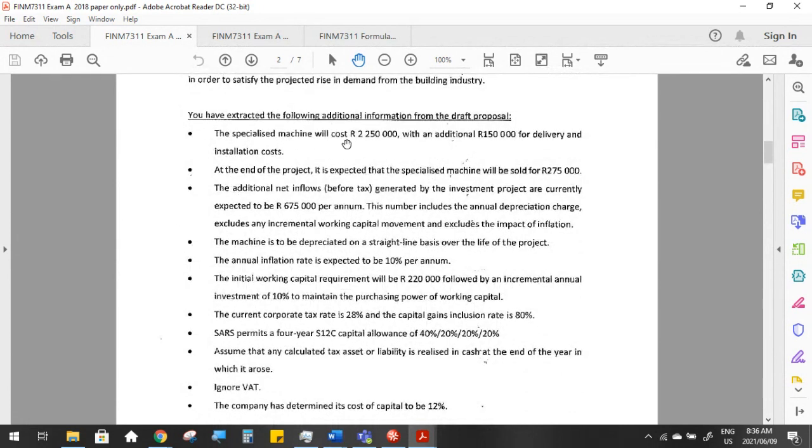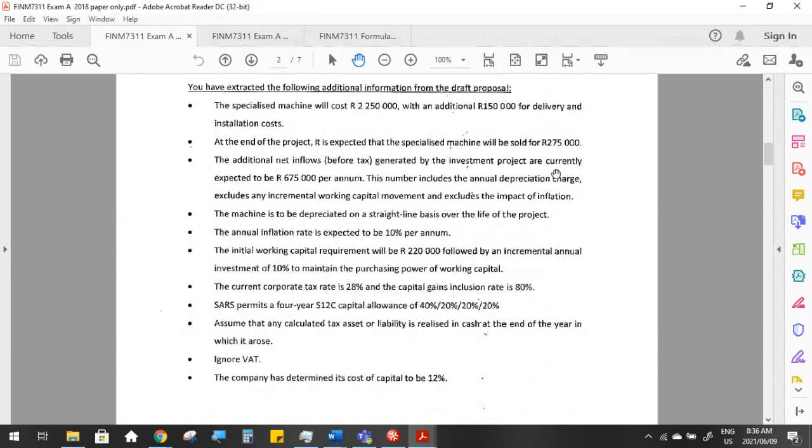Following information, the machine will cost 2.250 million with an additional 150 for delivery and installation costs. At the end of the project, we can sell the machine for 275. The machine will generate 675,000 net inflows before tax per annum.